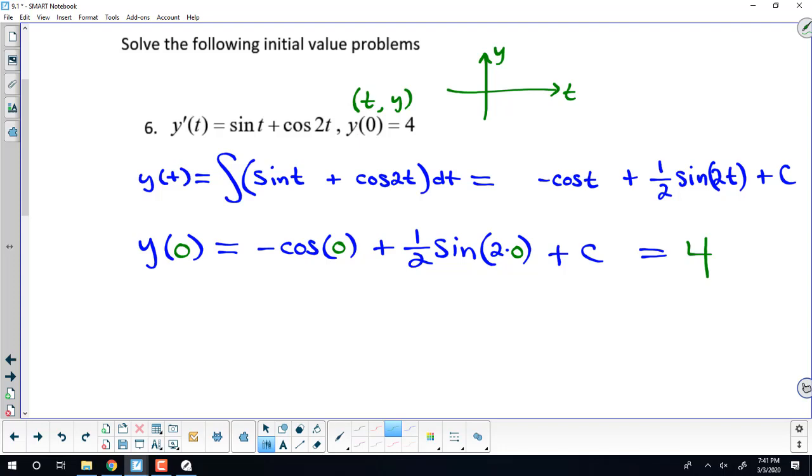That gives us a means to solve for C. So we have negative 1, plus 0, plus C is equal to 4. C has to equal 5.